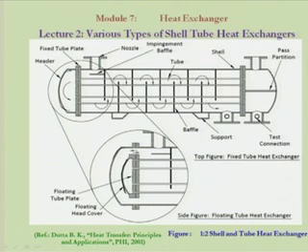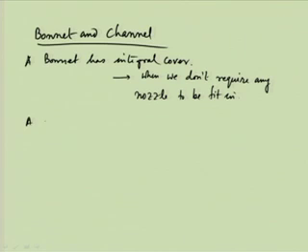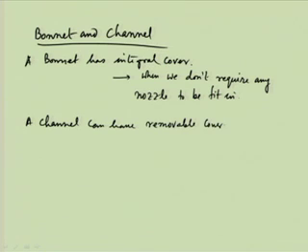Whereas a channel can have a removable cover. So, this whole thing is called the channel and this part is called the channel cover. So, a channel can have a removable cover, and it basically consists of two parts.